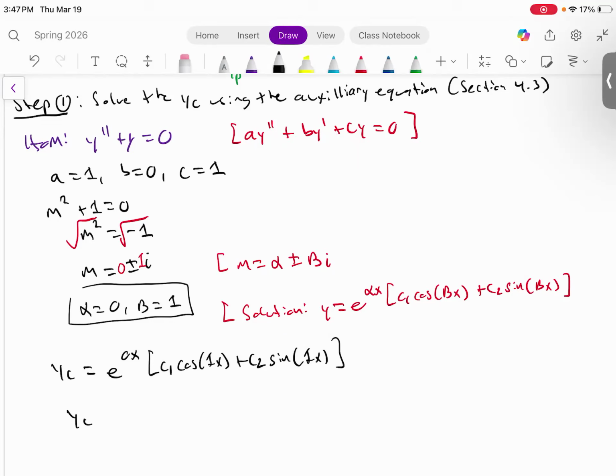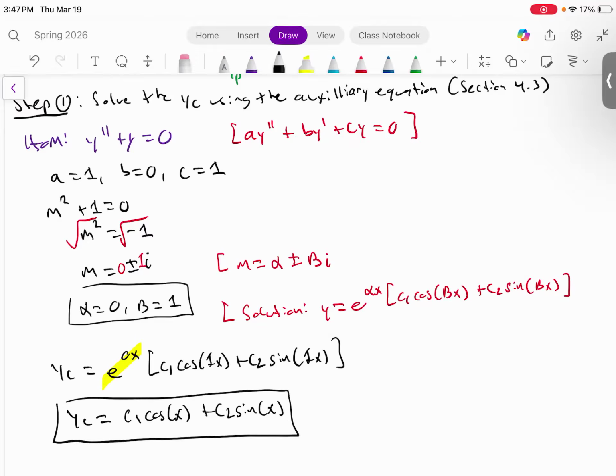But because e to 0 is just 1, we can drop the 1 inside of the cosine and sine. So c1 cosine of x plus c2 sine of x. Okay, so that's our complementary solution.